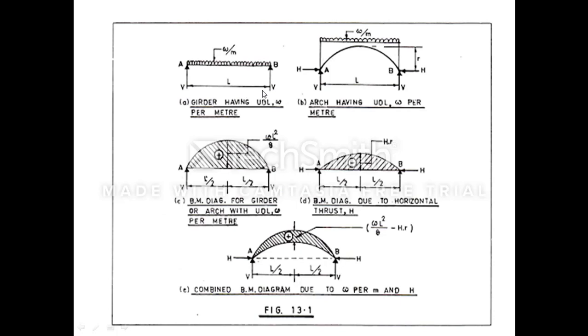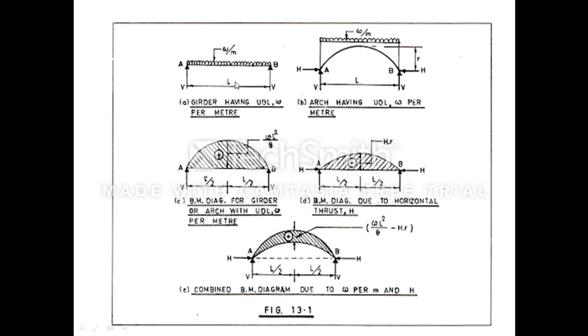When the span increases, the self weight of the beam also increases, and the bending moment due to self weight is also more. So when you consider the self weight of the beam along with a live load for a larger span of beam, the bending moment becomes very large. To resist this very large bending moment, we require a very large cross section of the beam.